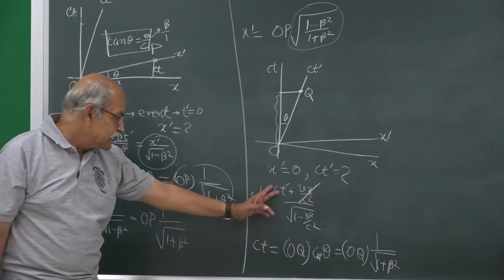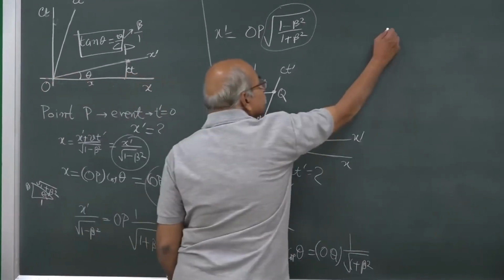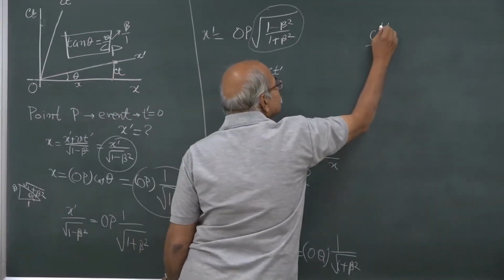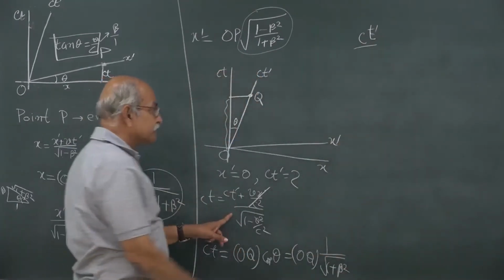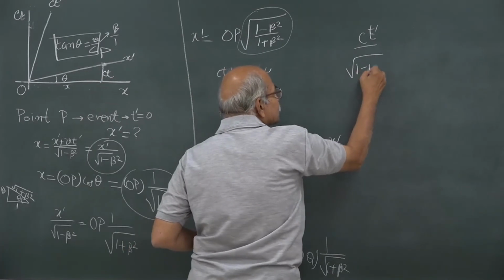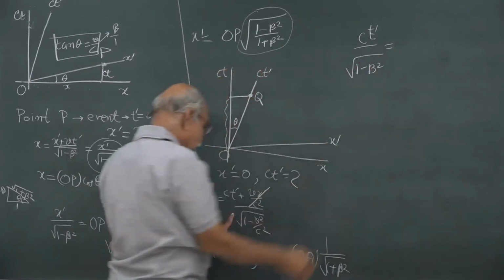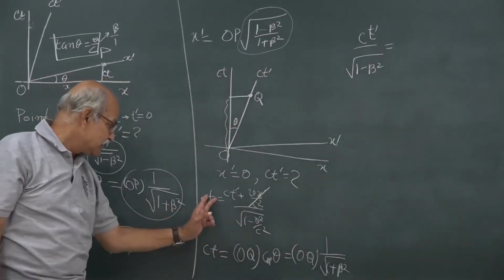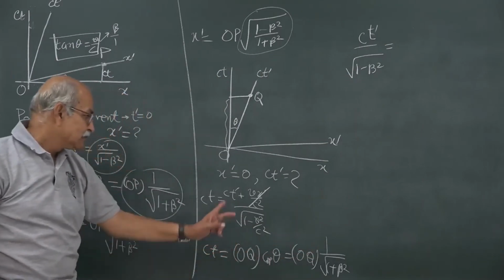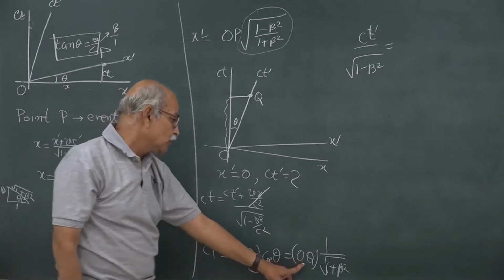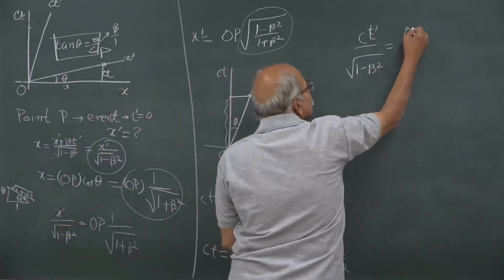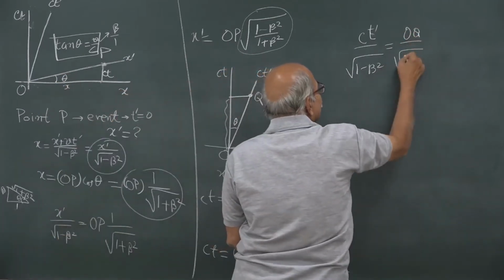So, CT prime divided by square root 1 minus beta square is equal to this quantity CT, this quantity is also CT. So, CT prime divided by square root 1 minus beta square is equal to OQ divided by square root 1 plus beta square.